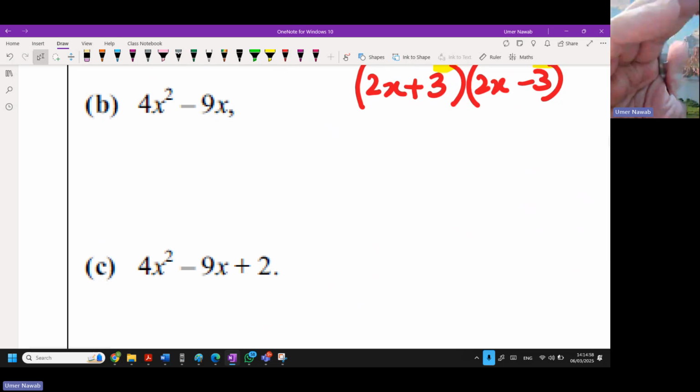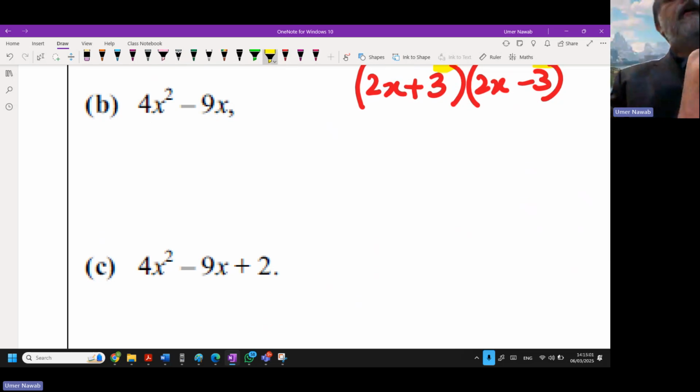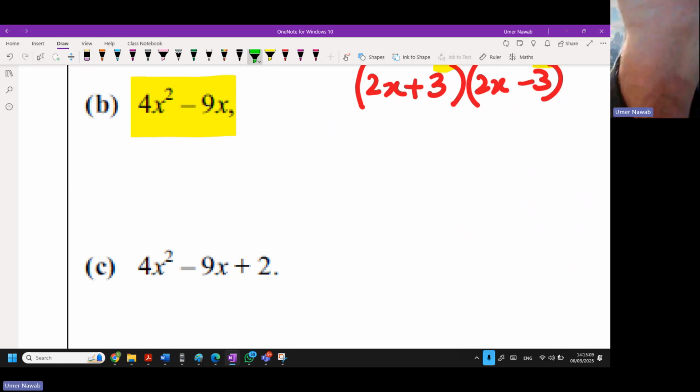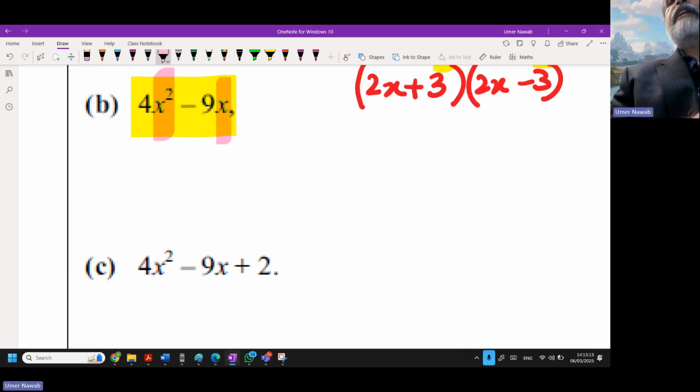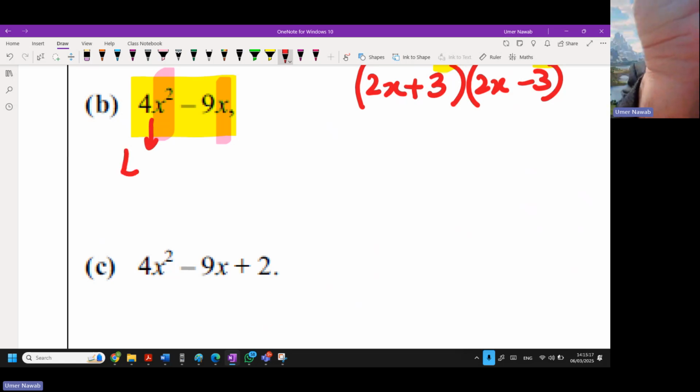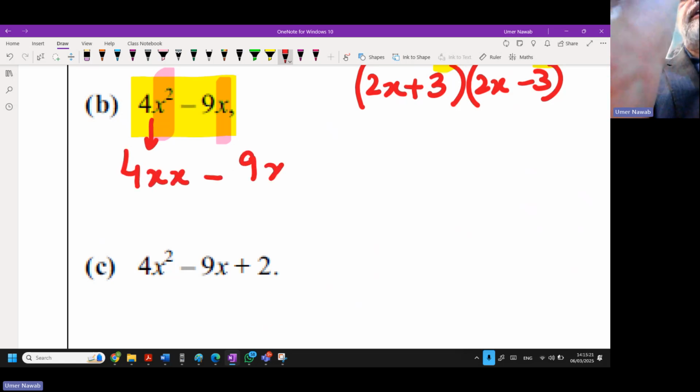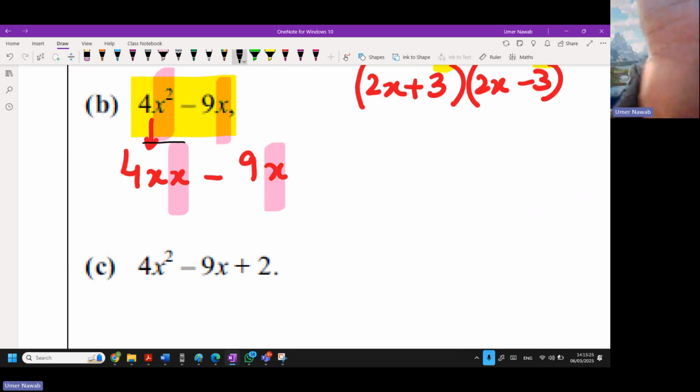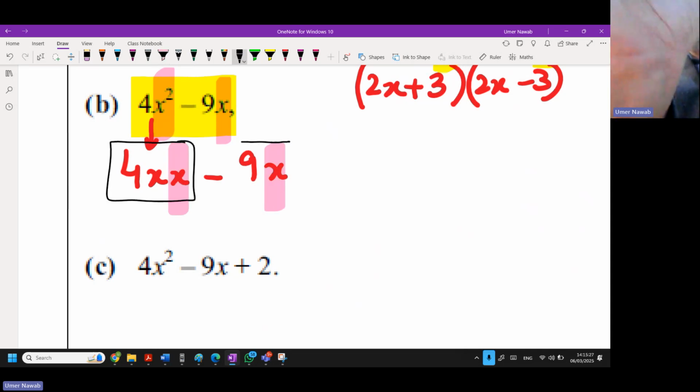Now don't try to apply the difference of two squares formula in this case. Why? Because at first you need to look at, is there anything common? The answer is yes, Mr. Omar. The smallest power of x is common in these two terms, because this 4x squared means 4x and x, and this is minus 9x, in which it is clearly seen that in these two terms, x is common.